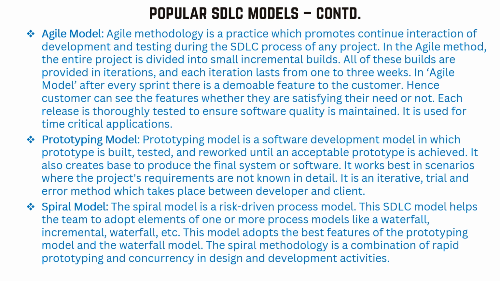In the agile method, the entire project is divided into small incremental builds. All of these builds are delivered in iterations, and each iteration lasts 1 to 3 weeks, or maybe a maximum of 4 weeks. In the agile model, every sprint there is a demoable feature for the customer. Hence, the customer can see whether the features satisfy their needs or not. Each release is thoroughly tested to ensure software quality is maintained. It is used for critical applications.